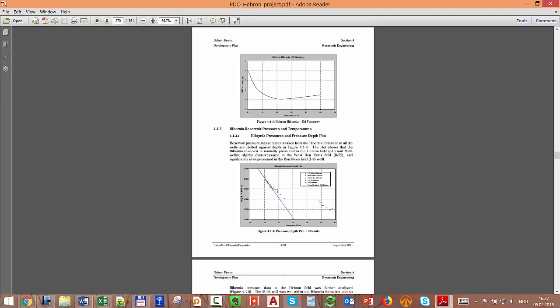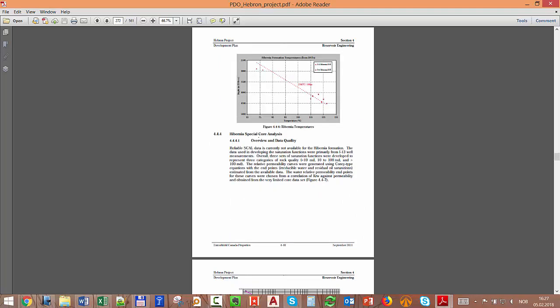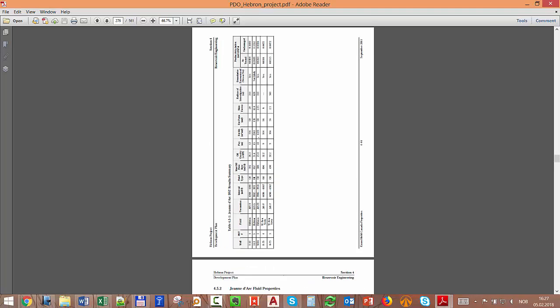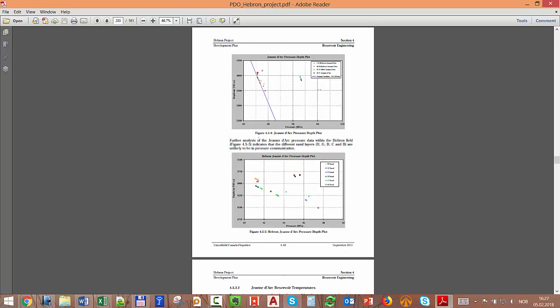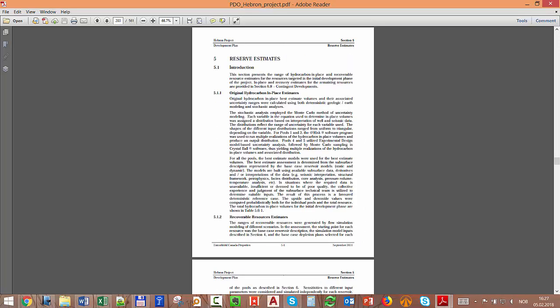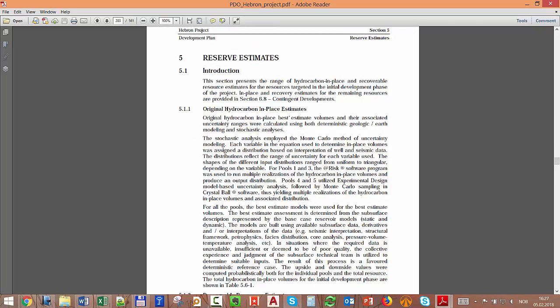What we are going to do is also very simplified, but an approximation of what they are doing in this part, the reserve estimates.